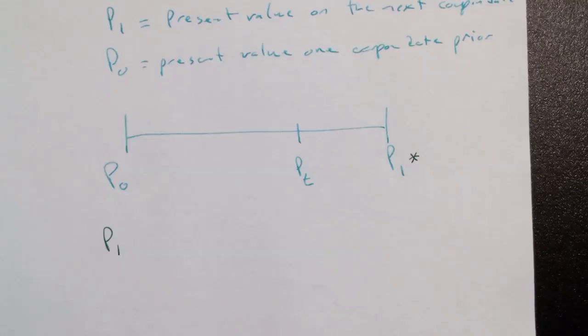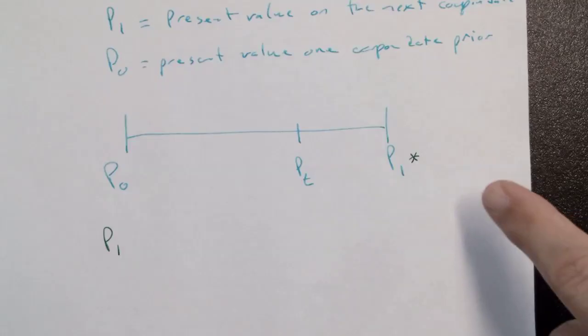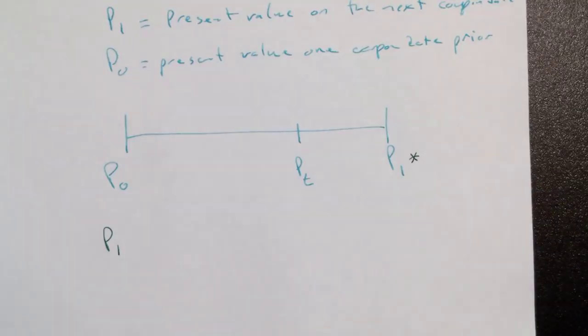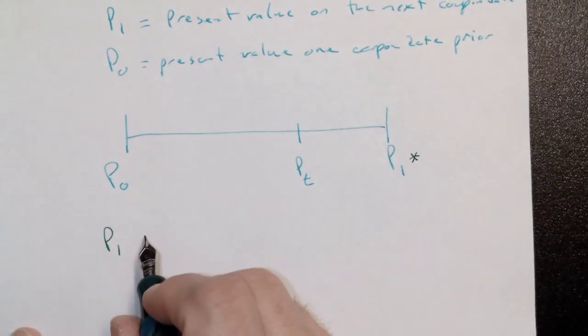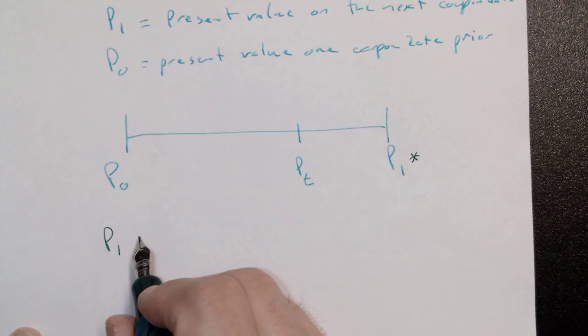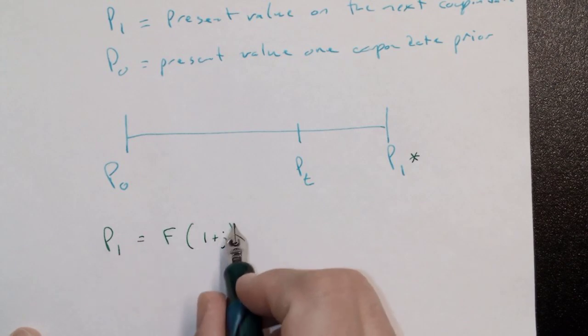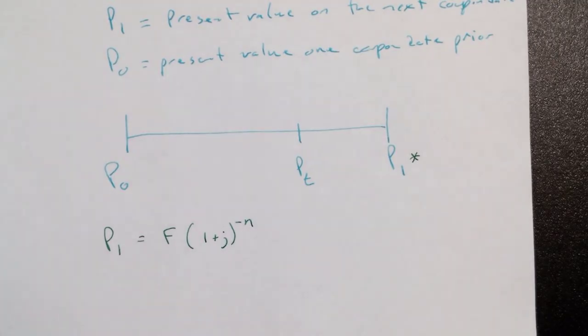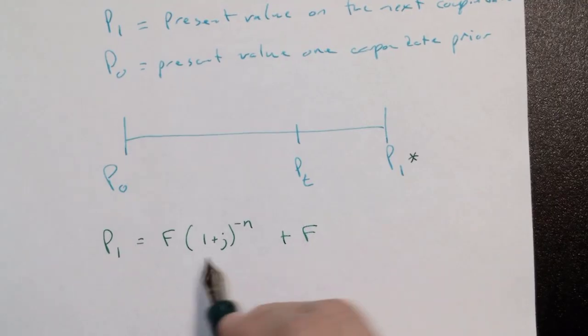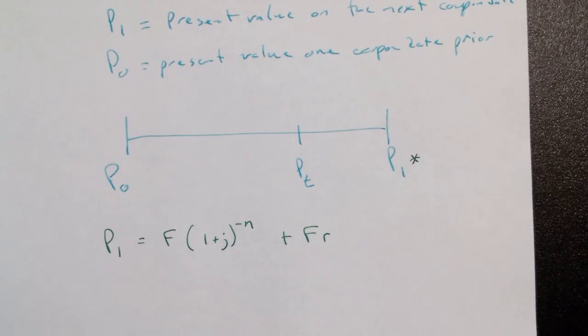Well, you just got paid, let's use January 2. You just got paid the coupon, right? So if I just got paid the coupon, then there's a redemption value in the future that I'll need to bring back to today. The redemption value brought back to today. And all of the coupons, each coupon is the face value times the rate.